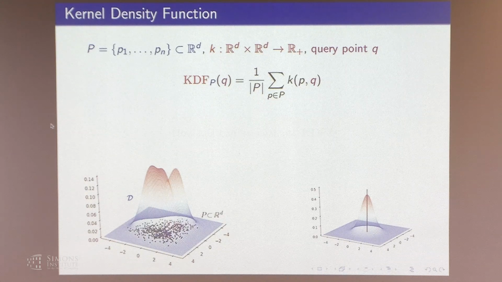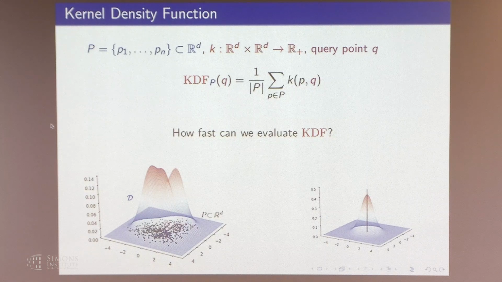The main question is, if we want to evaluate this not for one query, but for multiple queries, is there some way in which we could pre-process the data set so as to be able to answer this question quickly at query time? What kind of data structure would we need in order to pre-process this data so as to answer such queries quickly? That's going to be the basic question.